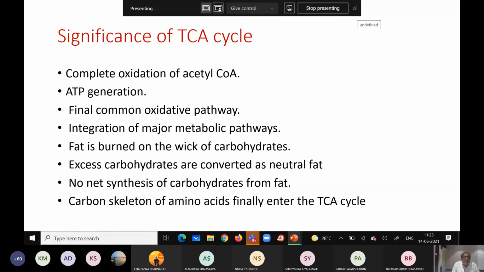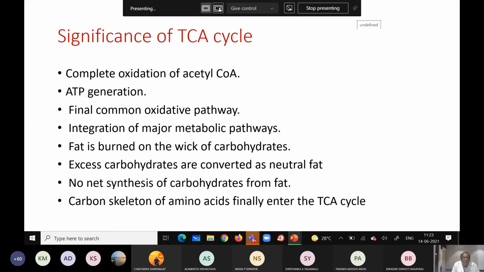it shows the integration of the pathways. Fat will be burned at the expense of carbohydrate. Excess carbohydrates will first be stored as glycogen, and if there is more carbohydrate, it will be stored in adipose tissue in the form of neutral fat.